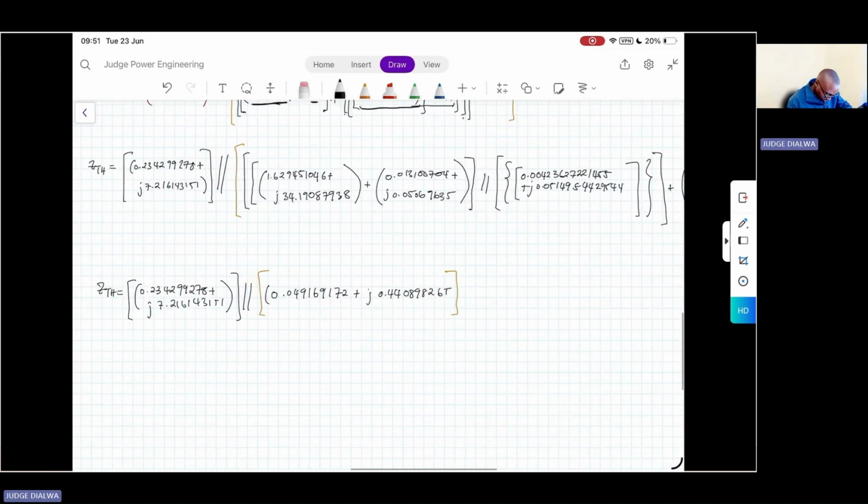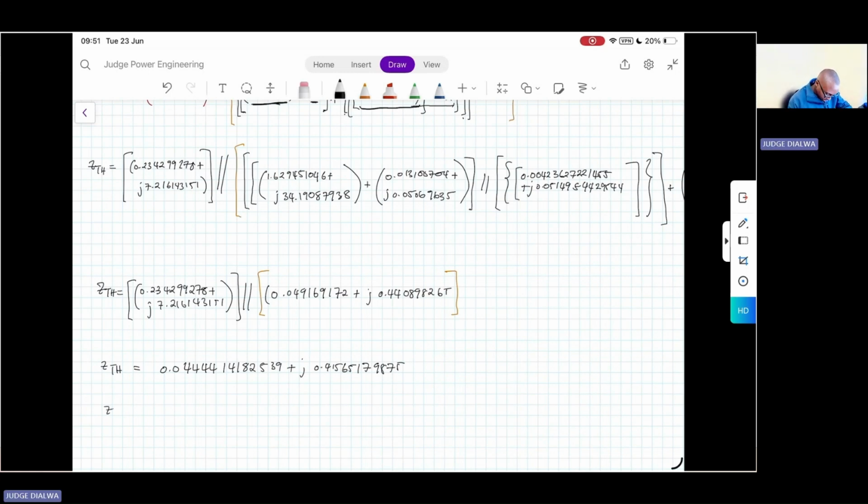So that will be 0.14182539 plus j0.41565179875.